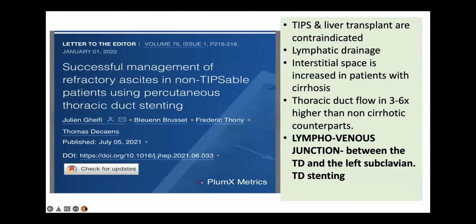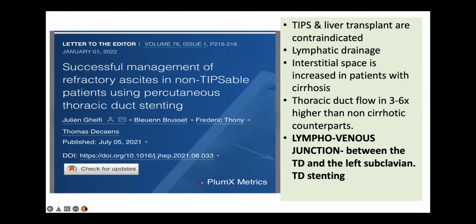This was an interesting article that was highlighted to me. It looks at successful management of refractory ascites in non-TIPSable patients with percutaneous thoracic duct stenting. So in a patient where vascular accessibility is contraindicated, or this patient's not for liver transplant, they were looking at lymphatic drainage.